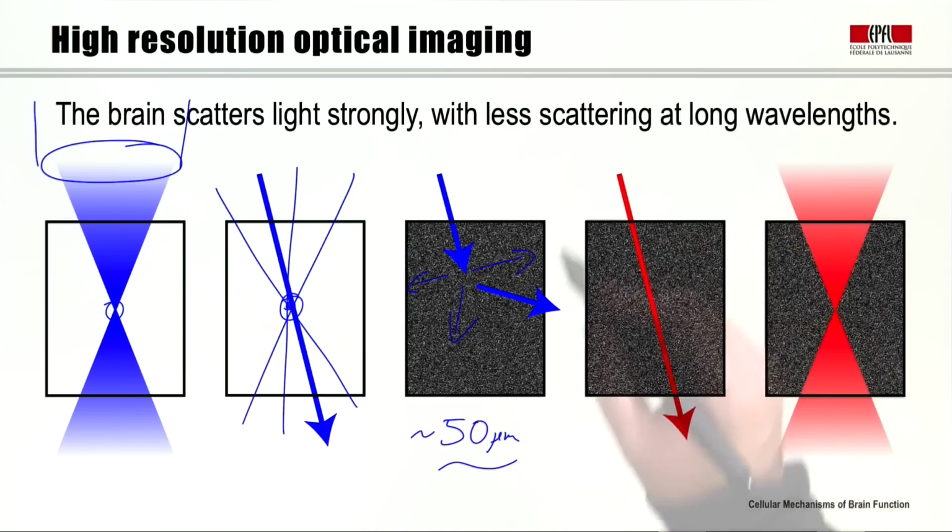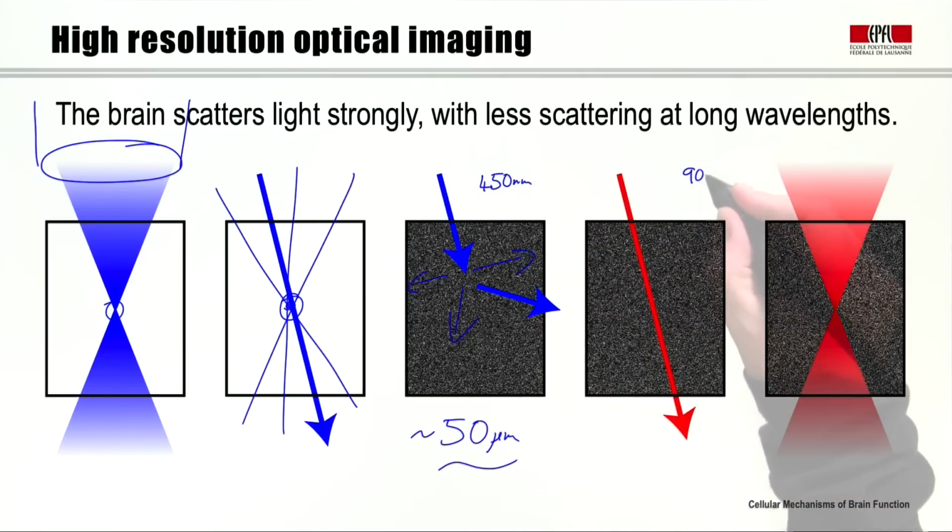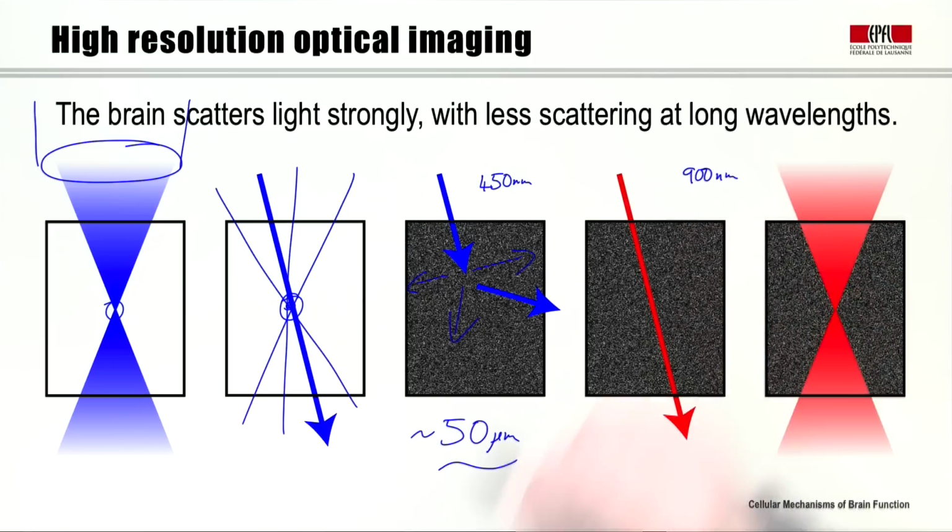The situation's a little bit better if you use longer wavelength light. And so if here we might have been using 450 nanometer blue light, we can instead use much longer wavelength light, maybe 900 nanometers in the near infrared.